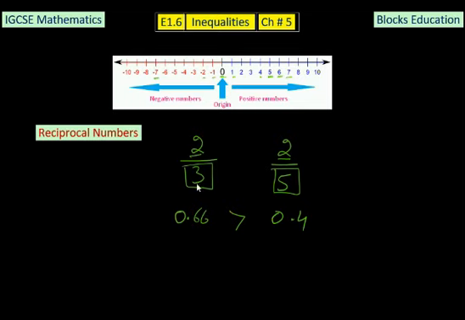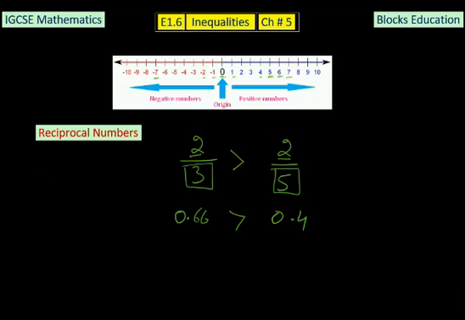In one case 3 is the denominator, in the other case 5 is the denominator, and we know that 3 is smaller than 5, or 5 is greater than 3. So the smaller the denominator, provided the numerators are the same, the number will be greater. In that case 2/3, 3 is smaller than 5, and it means that 2/5 is less than 2/3.